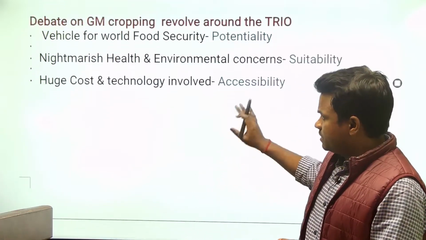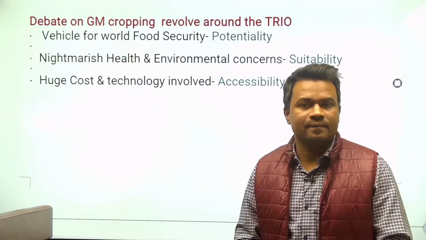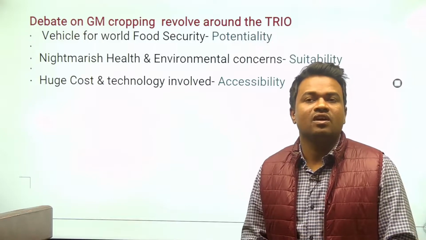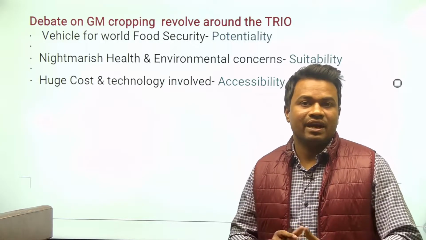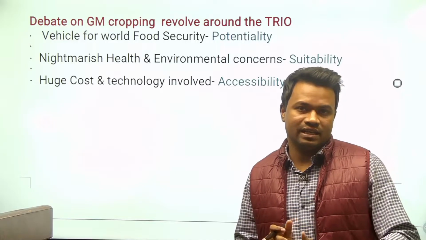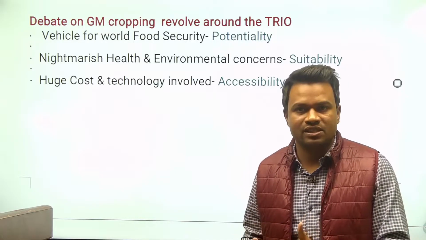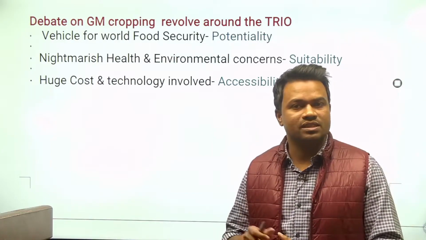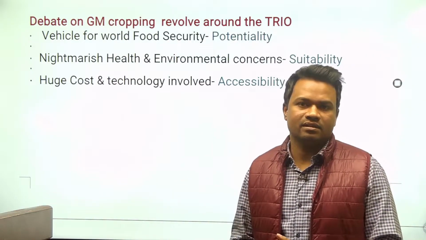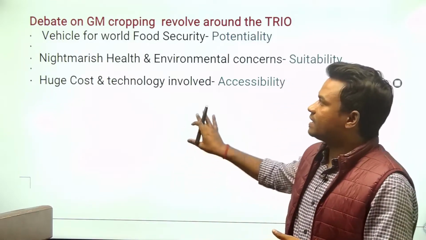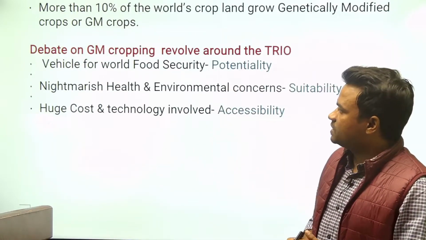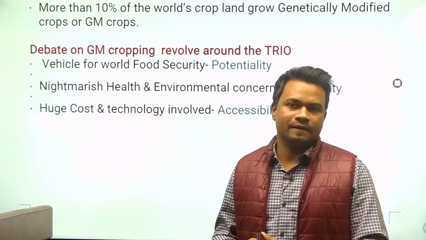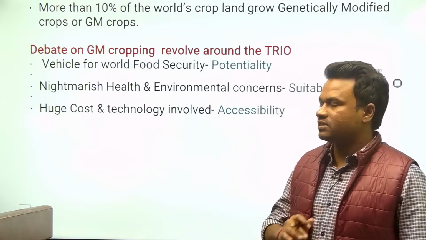The third is accessibility, because hybrid or genetically modified crops and seeds require expertise in the developmental stage as well as in the production stage. For that matter, huge cost and technology are involved. So this is one of the debate points, and the adoption of GM cropping is under various questions that are still persisting.